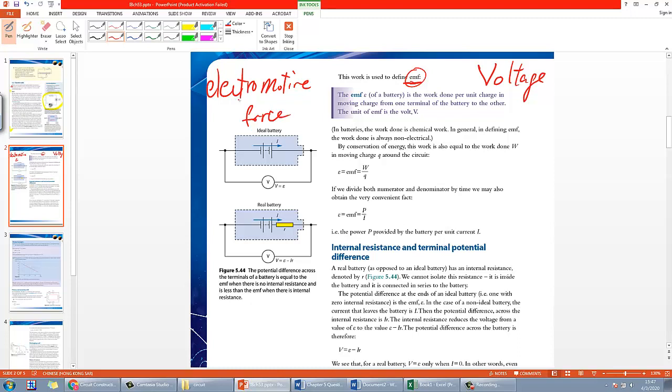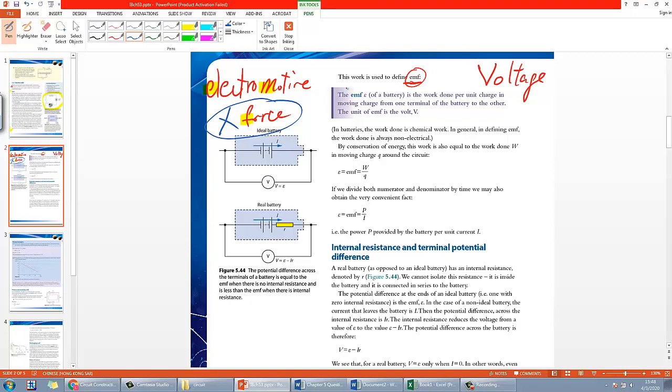If you want to write down electromotive force, that's why you have E, M, and F, and that is not really a force. We call it a force simply because in history people thought it was a force in the circuit pushing the electron, or pushing whatever in the circuit, to power up the engine or the motor, etc.